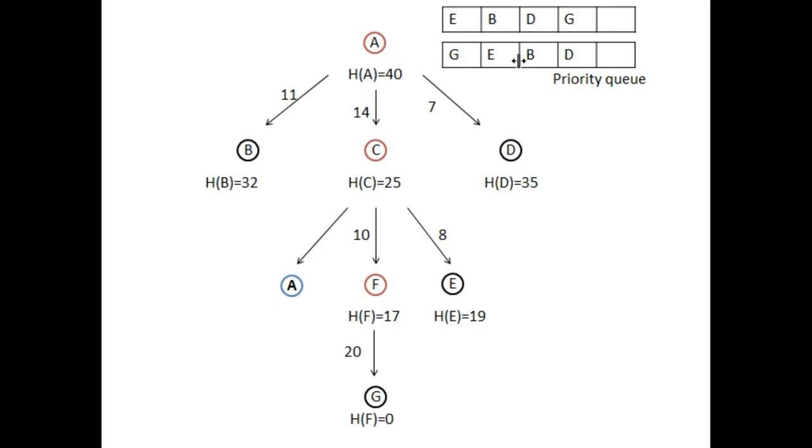Then I will again set the priority of all of these nodes. The G node has the heuristic value of zero, which is the smallest value among E, D and B. So then I will visit the node G, which is our goal state. हम यहाँ पे इस तरह से इसको visit करेंगे और इस तरह से हम priority queue को use करते हैं during this search technique.